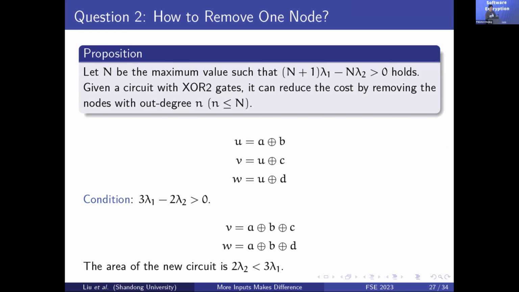Suppose a given circuit with 2 input XOR gates, we can reduce the circuit by removing the nodes with out degree n. See the example, the node U has out degree 2, and if the condition is right, we can remove U and add 2 3-input XOR gates, and the area of the new circuit is lower.